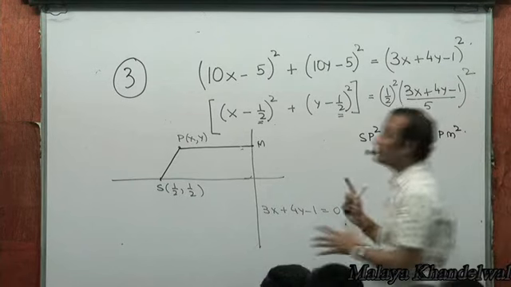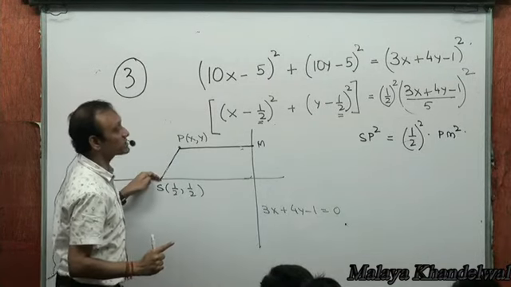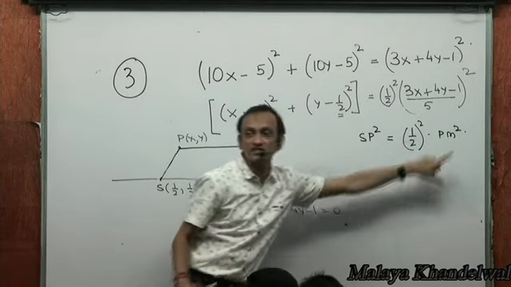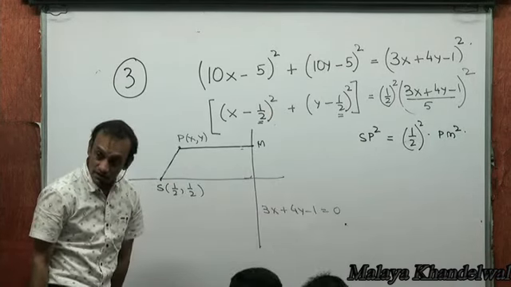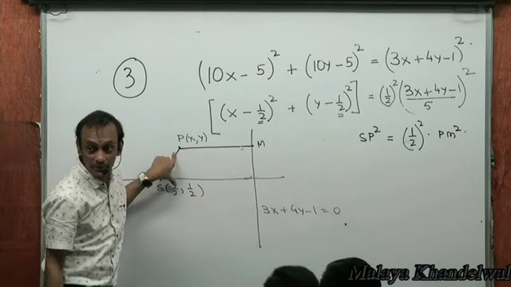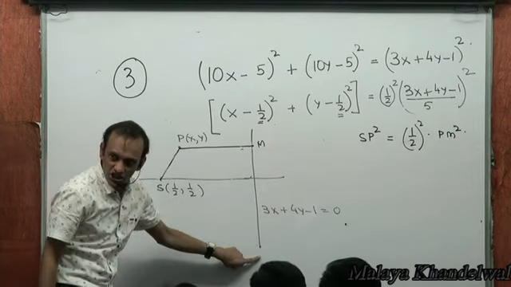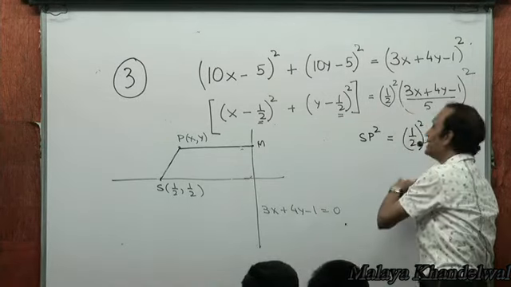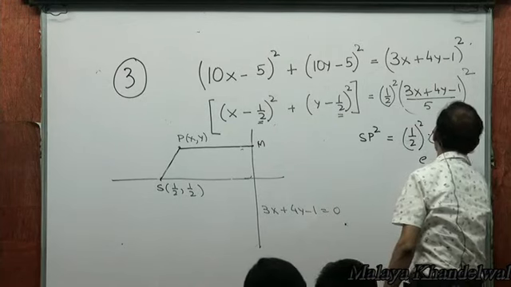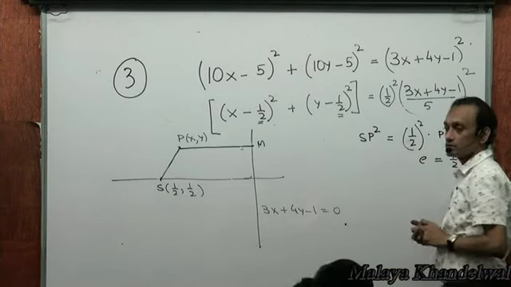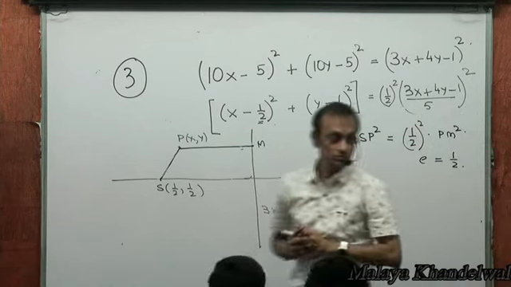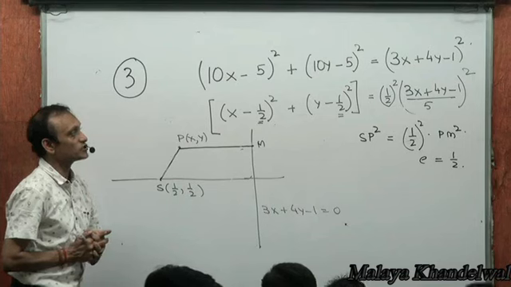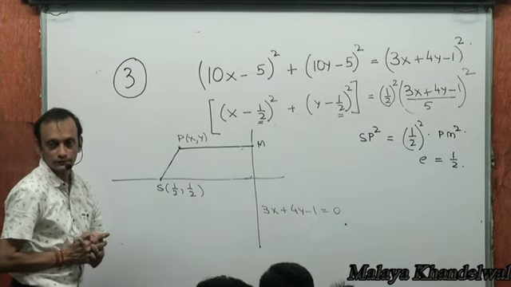Very clearly P moves in a manner that the square of its distance from S is e squared times the square of its distance from the directrix. That means the locus of P must be an ellipse whose directrix is this, whose focus is this, and e squared is half squared, e must be half, the eccentricity must be half of such an ellipse. Yes or no? The eccentricity of this ellipse is half.